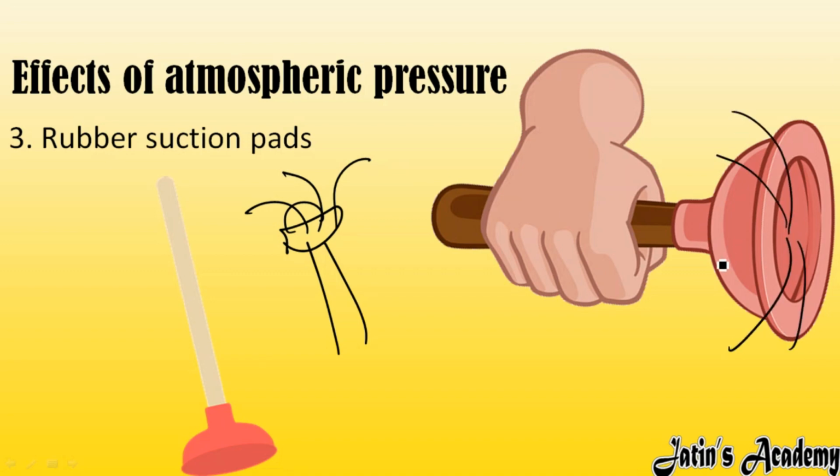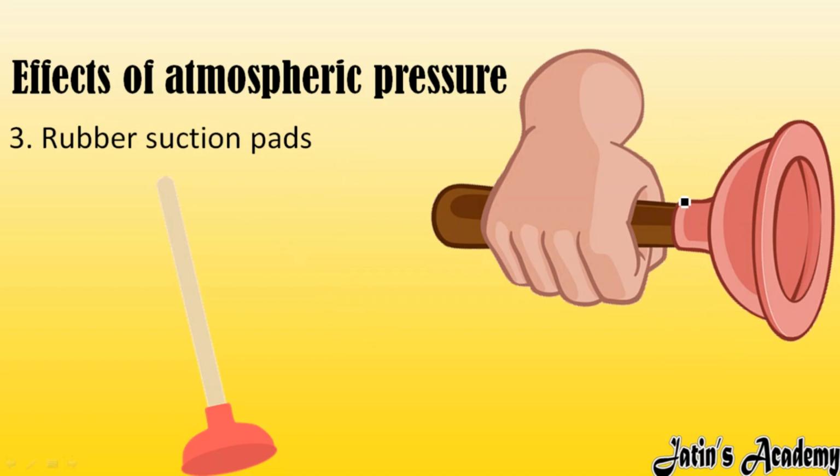When it sends all the air particles away, it creates a region of low pressure. But from outside, atmospheric pressure is there, which means a region of high pressure is there. So the outside high pressure will force this rubber suction pad to stick on the wall. That is why this rubber suction pad can easily stick on a wall.